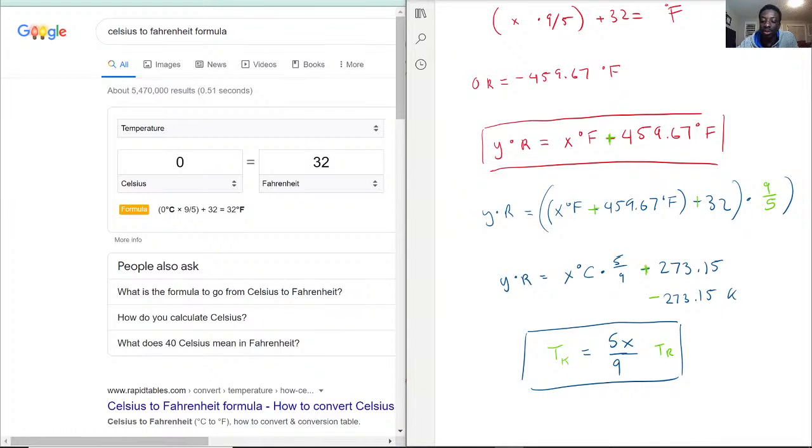That is an equation you have to factor in. And then from there, we have to subtract 273.15 Kelvin, because we're trying to go from Celsius to Kelvin. So I have to take that away, which will make these cancel out. And instead of it being 5/9, we have 9/5.